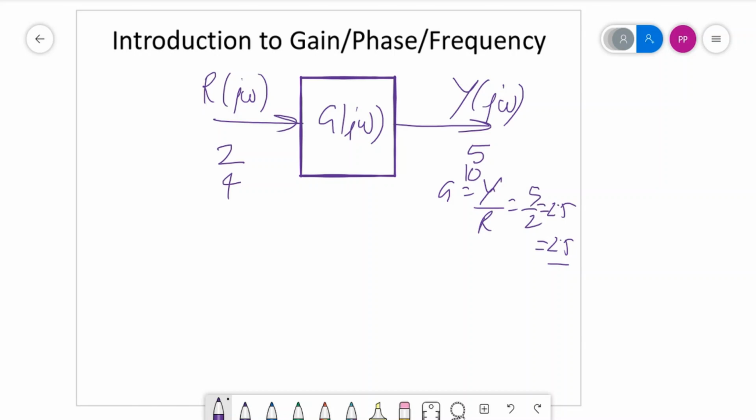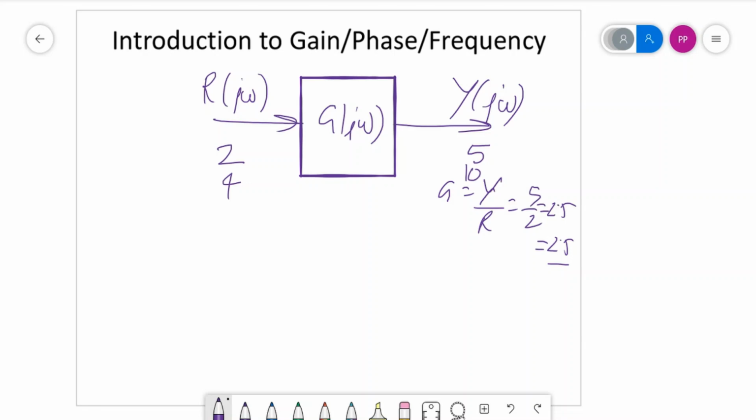So we see that if the system is behaving statically for a given input frequency, it is wise to analyze the system gain rather than analyzing the output. We can understand how well the system adheres to its input at a given frequency through its gain. That is why we study the gain.